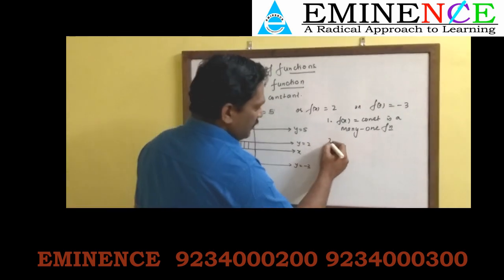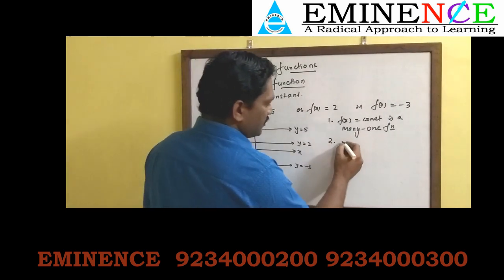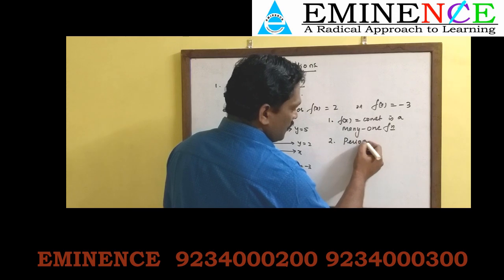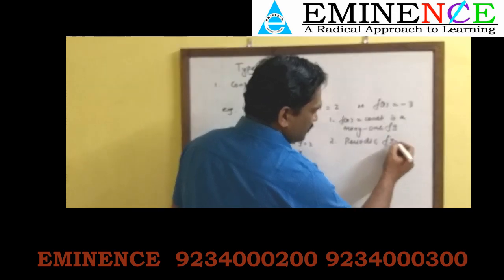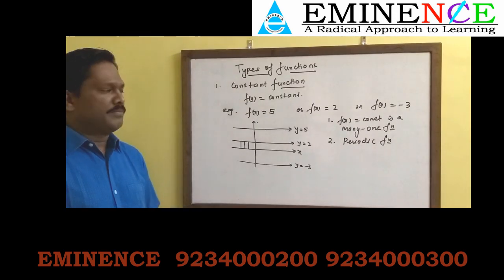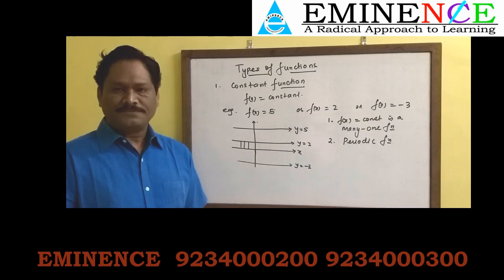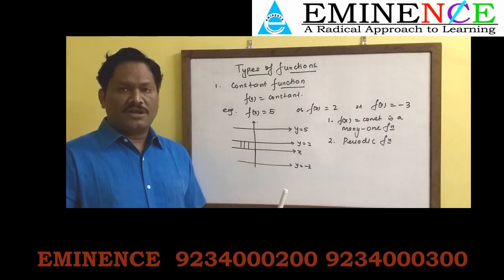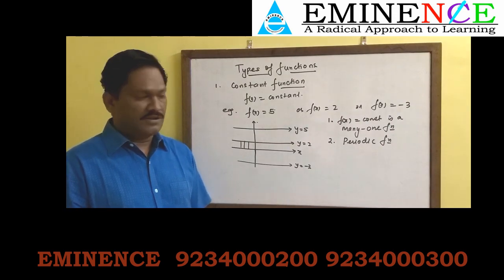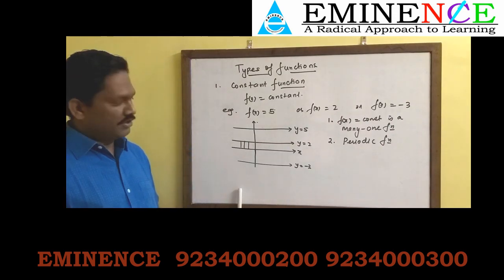Now the second part, what we are talking about, is a periodic function. What is a periodic function? This is also an inherent property of some of the functions. Whenever a function repeats itself after some specific positive interval, then the function is said to be periodic.